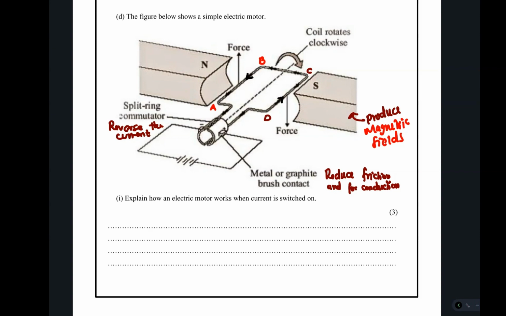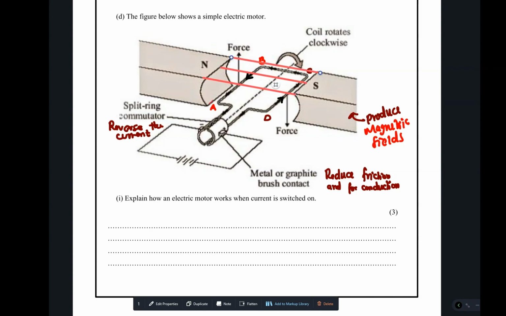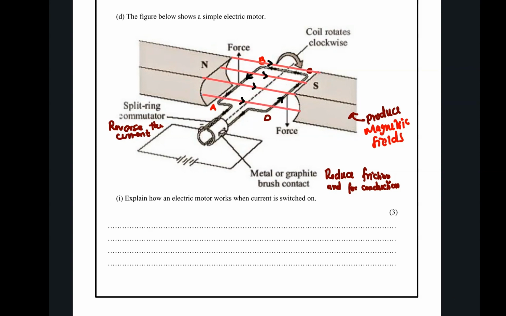Now explain how an electric motor works. When the electric motor switch is switched on, current flows through the coil. Now we have fields, of course, created here, and there is this magnetic field of the permanent magnet. So when current flows through this, AB is going to experience an upward force.